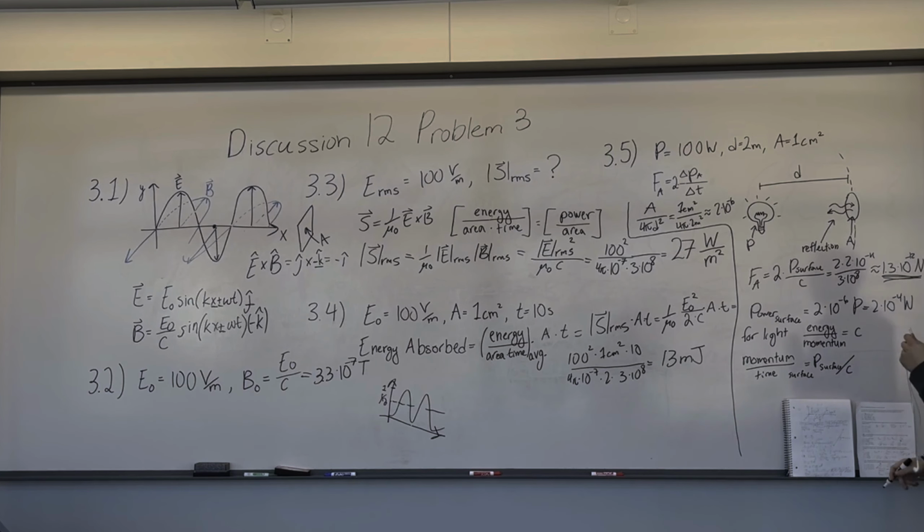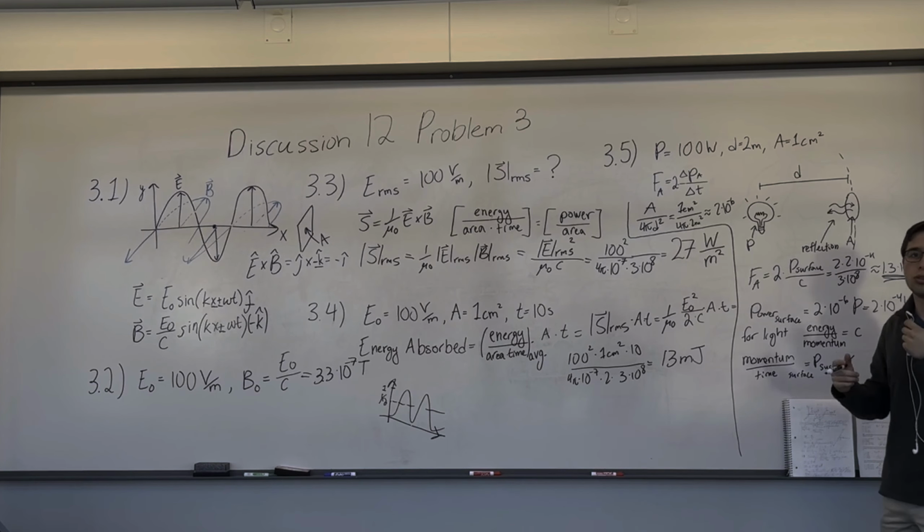So we have a light bulb, we have a surface, and that surface actually feels a force pushing it away from the light bulb, which is pretty crazy to think about. The reason it doesn't feel like that's the case, maybe, is because of how small these forces are. This is the same idea that you used in your homework for the solar sail.